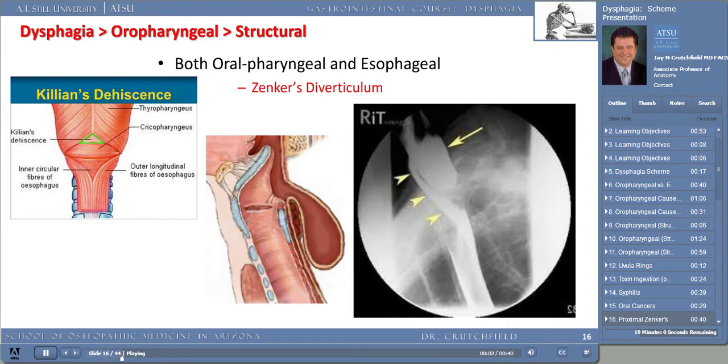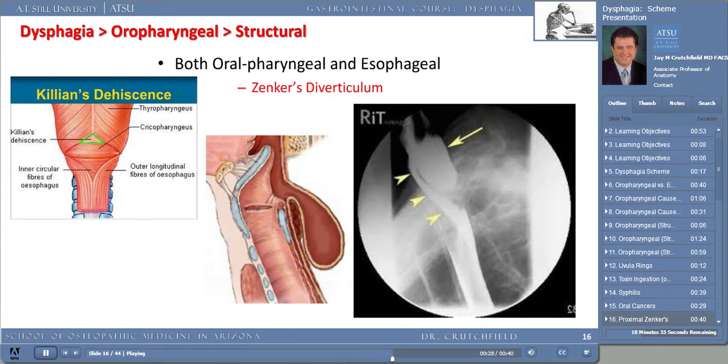This is a Zenker's diverticulum. This is a result of oropharyngeal dysmotility. If the Zenker's is large, it can cause esophageal dysphagia. If it's smaller, it can cause oropharyngeal dysphagia. The larger ones can often result in the regurgitation of undigested food. You remember the pharyngeal constrictors, the superior, middle, and inferior constrictor.